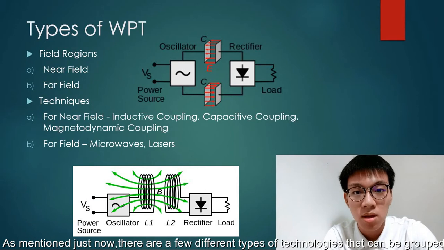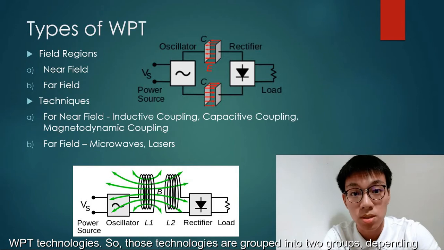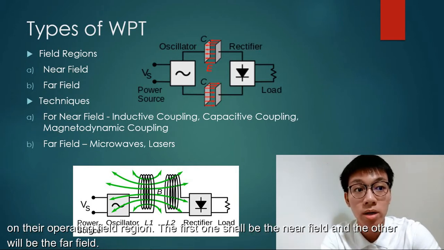As mentioned just now, there are a few different types of technologies that can be grouped together and known as WPT. Here we see the different types of WPT technologies. Those technologies are grouped into two groups, depending on their operating field regions. The first one is the near field and the other is the far field.